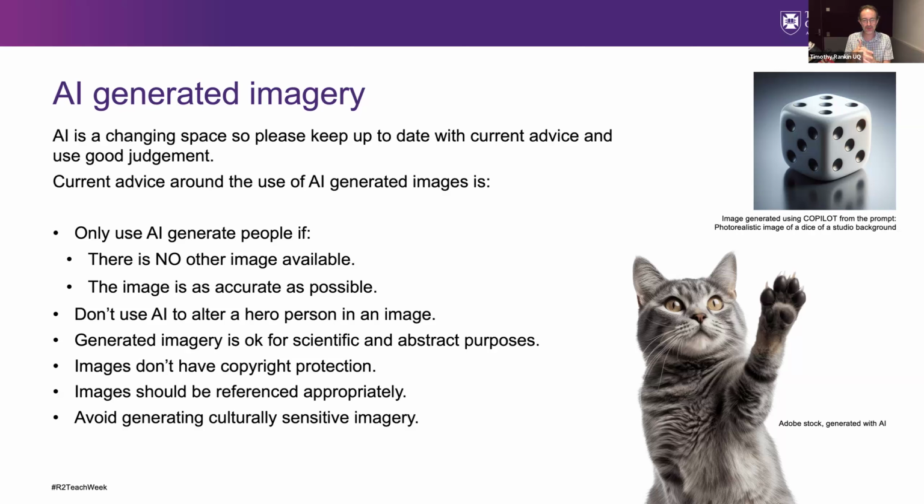The general advice at the moment, and this can change depending on branding, is that if you're needing an image of something and you cannot find that image anywhere, so if you need an image of a person in a very particular environment and you cannot find it on any stock sites, and you know that image is crucial to your teaching, then it can be generated, but it needs to be as accurate as possible.